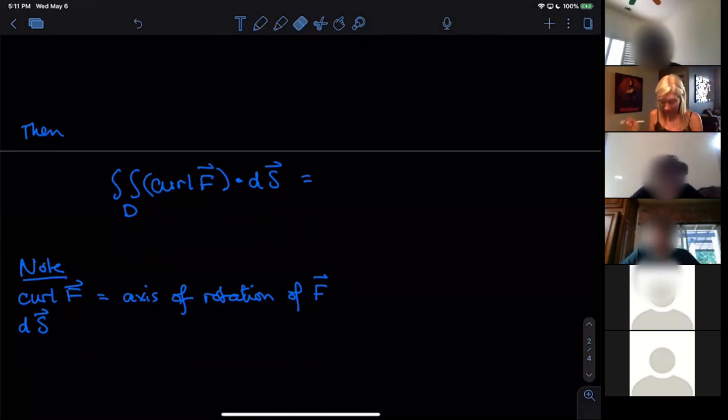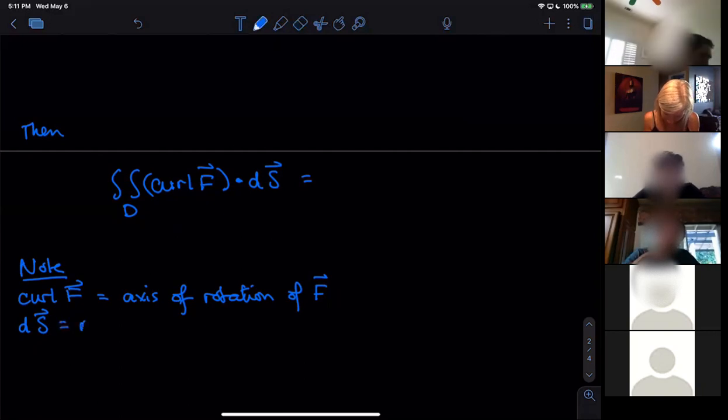And so it's very subtle. This is uppercase dS. What does that mean? It'll represent a patch of surface, but actually it's a normal vector to the surface, and the length of it is the area of the patch of surface. Yeah, so dS is a normal vector to the surface.